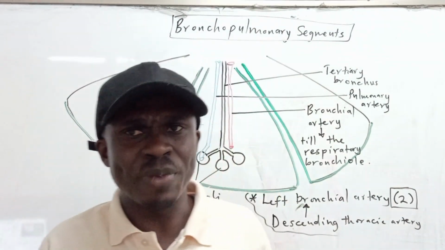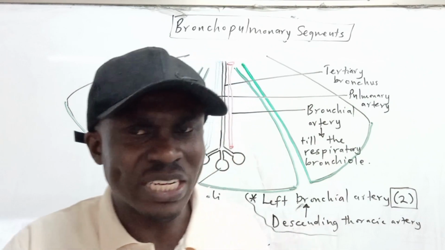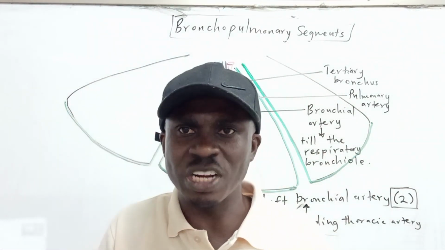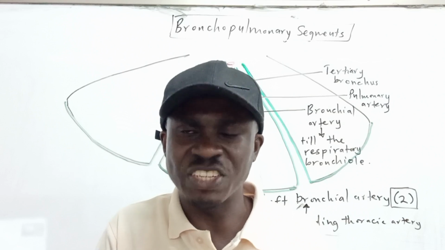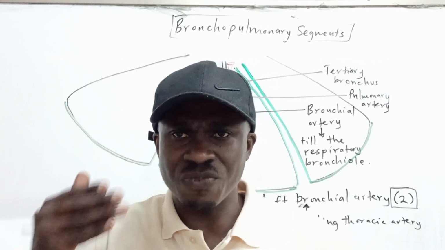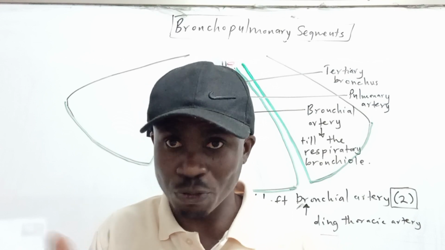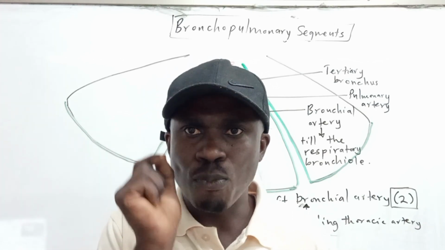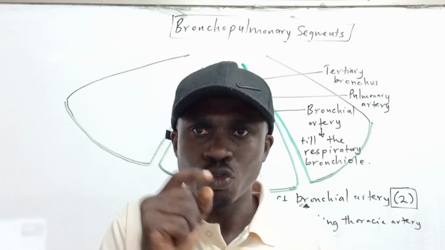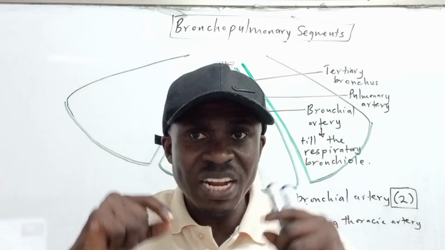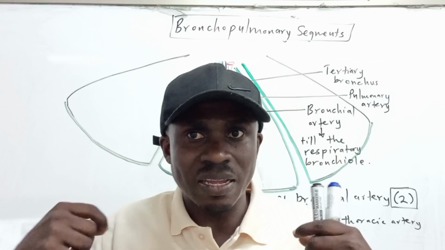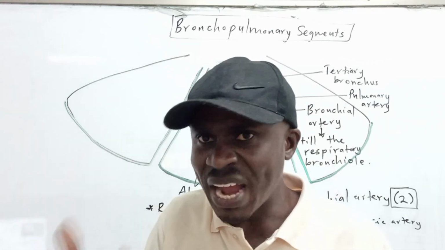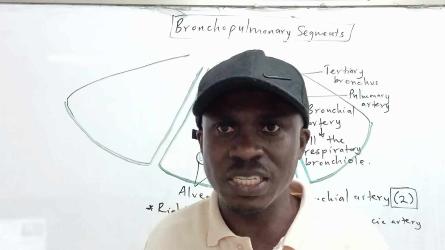My friends, it's going to come from the aorta, but not directly, indirectly. Because the descending thoracic aorta will give off branches, the posterior intercostal arteries, from 3 to 11. Last week we appreciated that one. My friends, I'm interested in the third posterior intercostal artery. So the first branch coming directly from the aorta, the posterior intercostal artery, is the one which is going to give rise to the right bronchial artery.